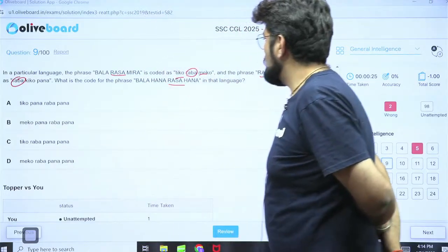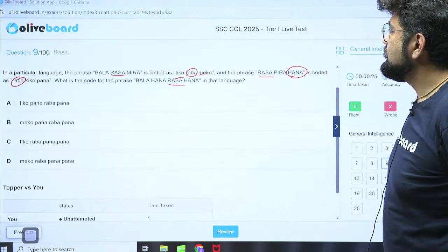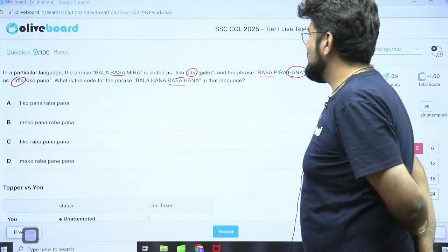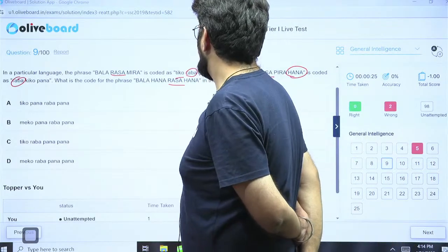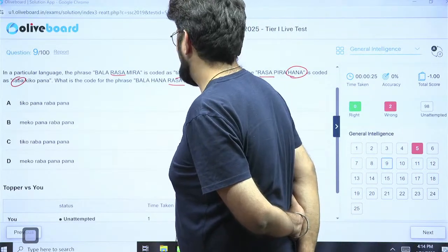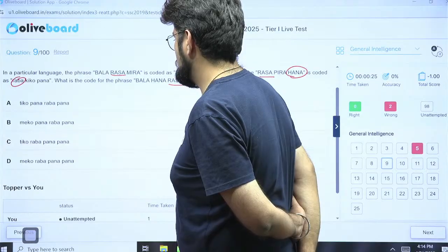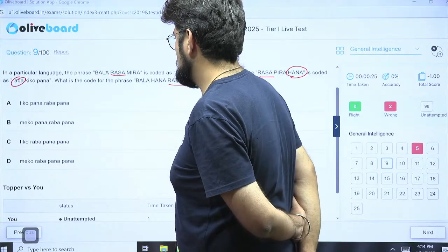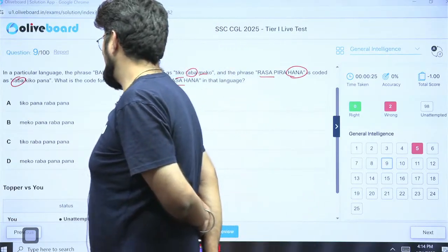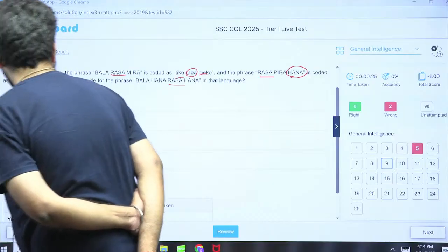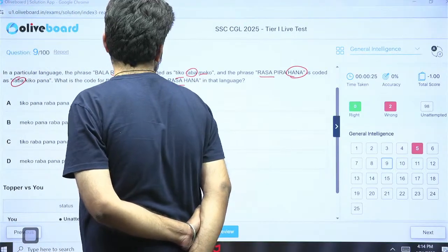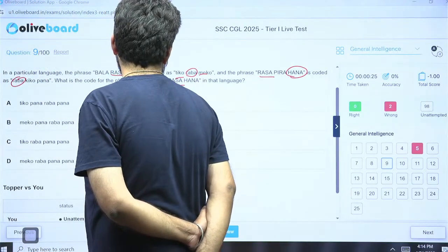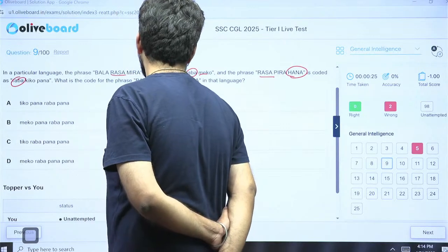How do we identify the logic now? Bala, Hana, Rasa, Hana. So Bala, Hana, Rasa, Hana. Is there any other logic which is being involved here?